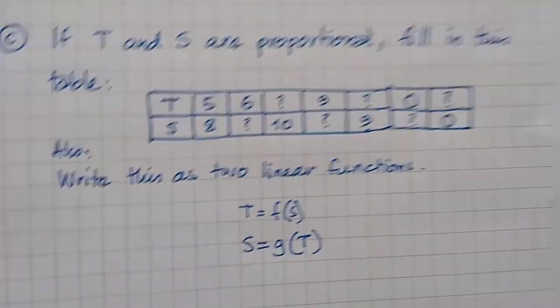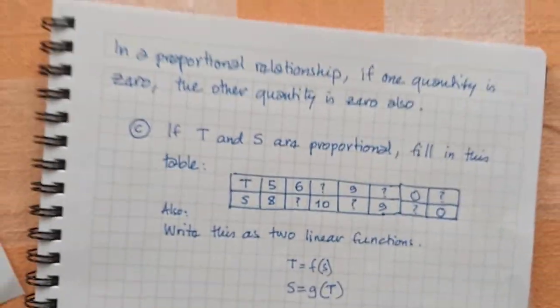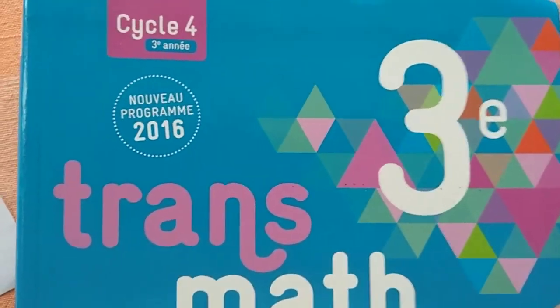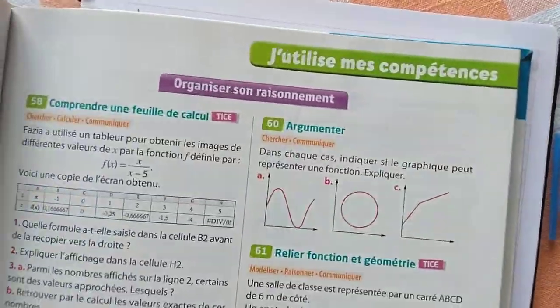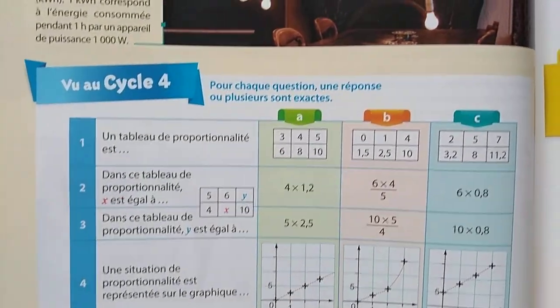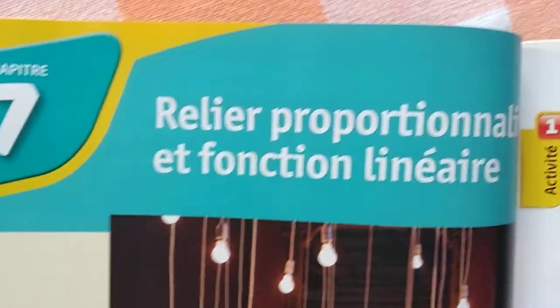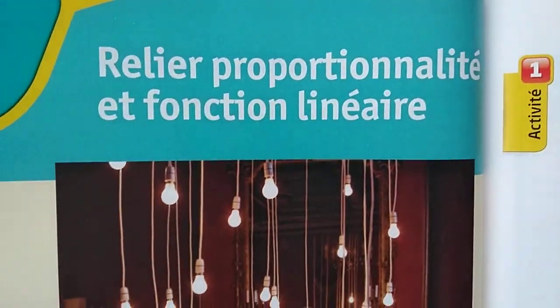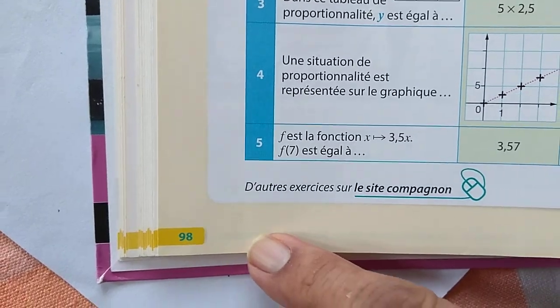Where is the book? Let me get the book. This is for you to do on your own, so please don't skip it, because it's meant for your understanding. It'll make it easy for you to do the rest of the chapter. This is the name of the chapter, Relier proportionnalité et fonction linéaire, and this is page number 98.